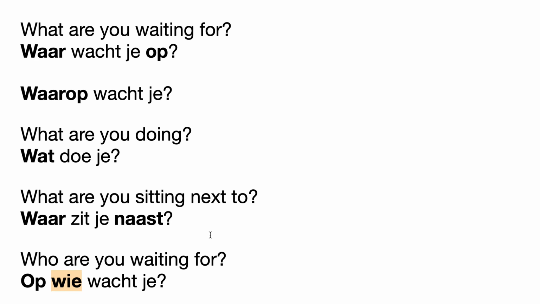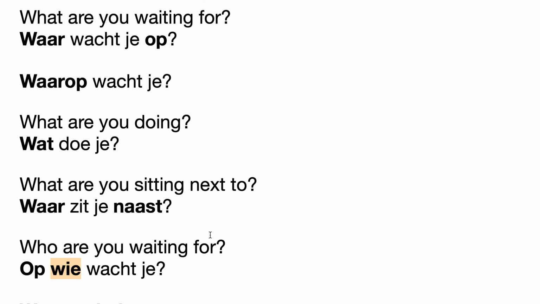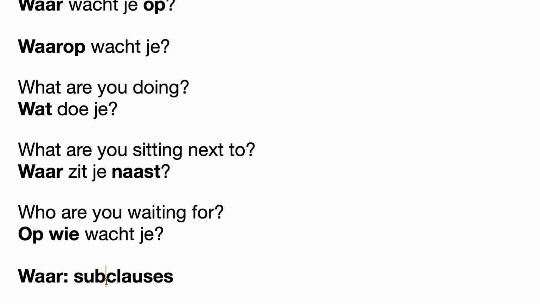However, there is another use of waar where you're going to combine this waar with a preposition, and that is subclauses. And I made a little mistake here. Subordinate clauses. And what are these subclauses? What kind of phenomenon is that?